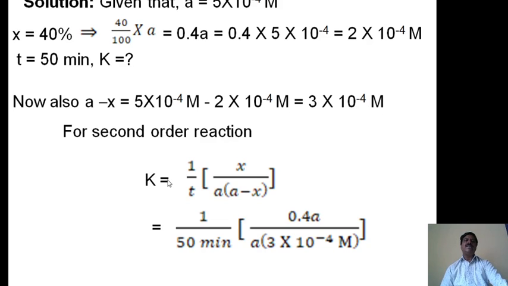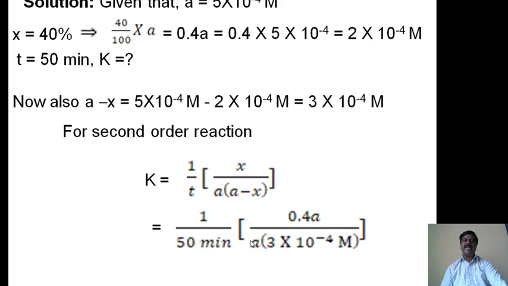For a second order reaction, k is equal to 1 divided by t into x divided by a into a minus x. Substitute the values: 1 divided by 50 minutes, where t is 50 minutes, and x is 0.4a. I can substitute this value in the form of a only. The a remains as it is, and a minus x I keep here as 3 into 10 raised to minus 4 mole.